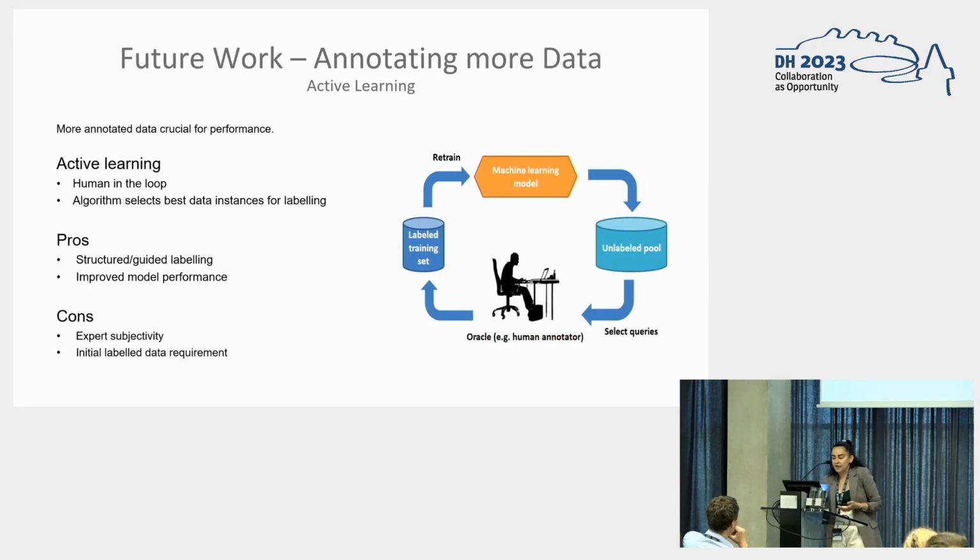But on the other hand, the accuracy and reliability of the active learning process depends heavily on the quality and consistency of the annotations that are provided by human experts, which is the case in all labeling scenarios.